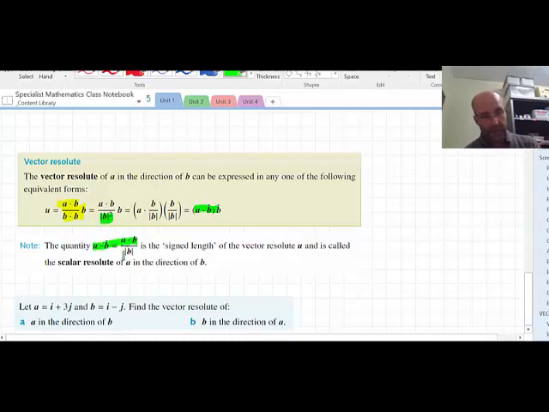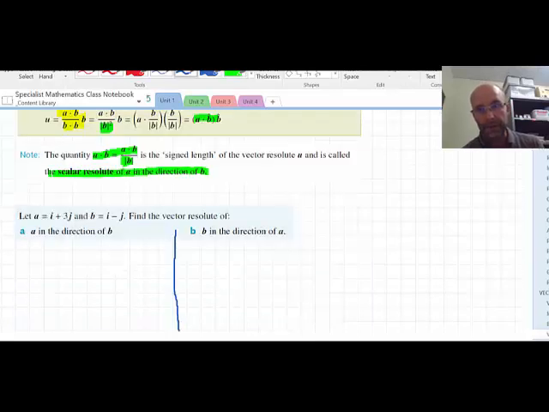Note that this form is called the signed length of the vector resolute U, and is called the scalar resolute in the direction of B. Let's look at a simple example in this video. There'll be later videos which expand this idea a bit further.